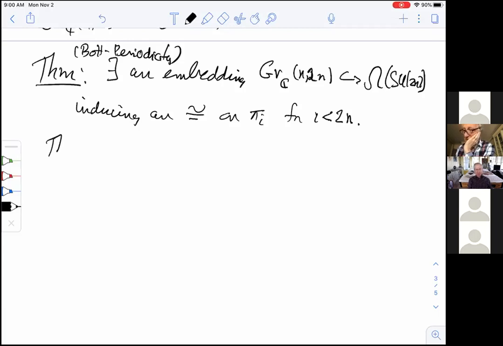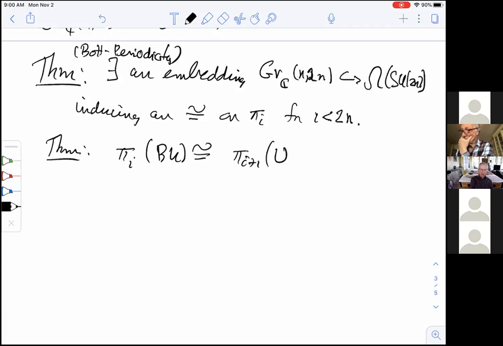And the more standard form of the theorem is that pi i of BU is isomorphic to pi i plus 1 of U. The point is that because of all the stabilities, for i less than 2n, pi i of this Grassmannian is identified with pi i of BU, and pi i of the special unitary group is, sorry, this should be a special unitary group.